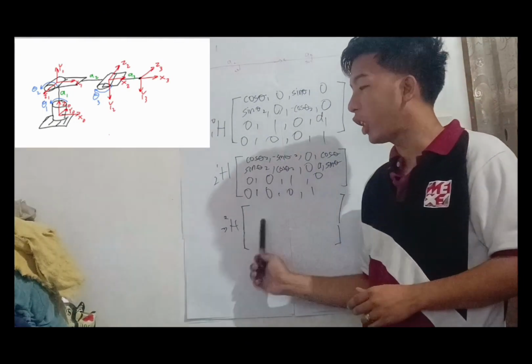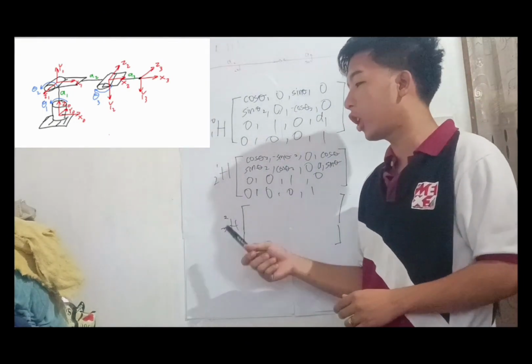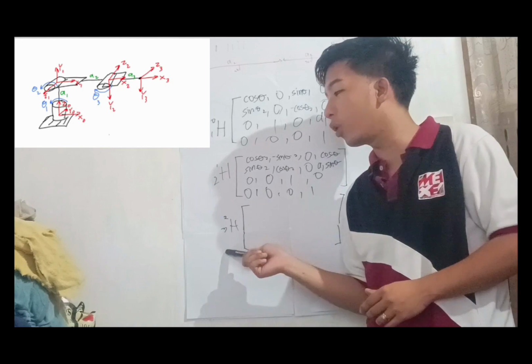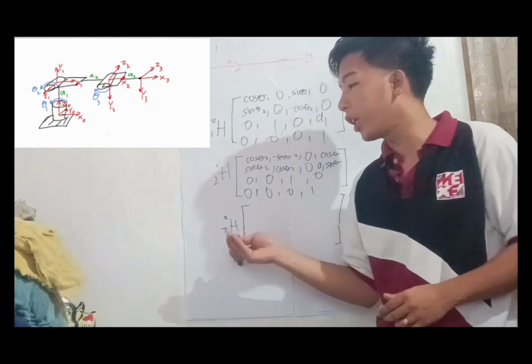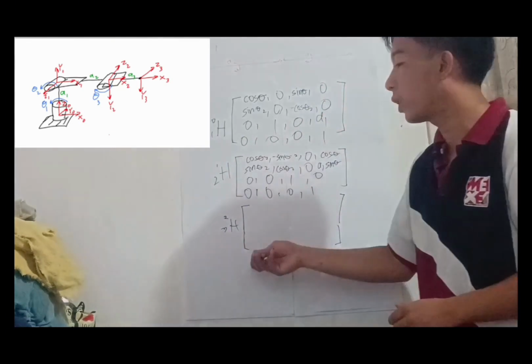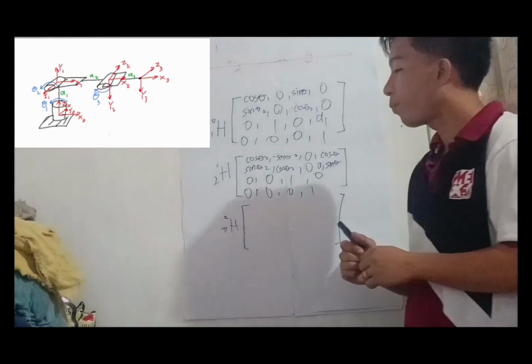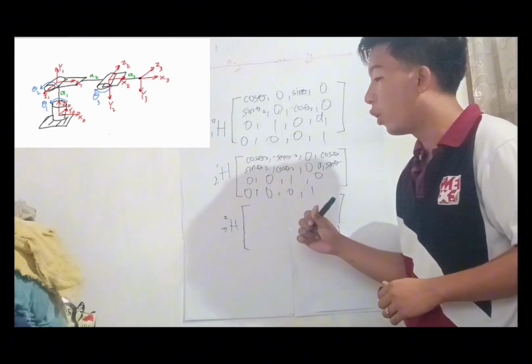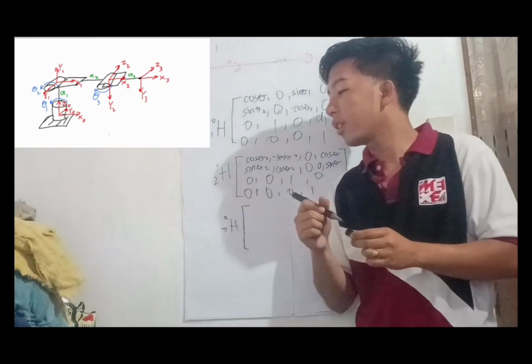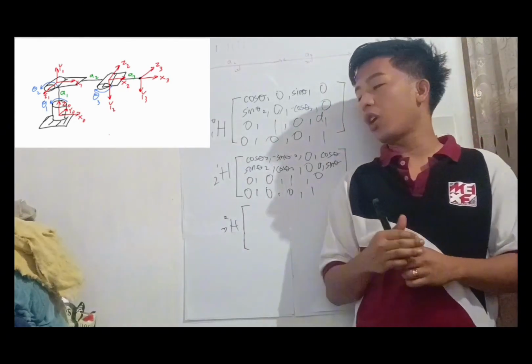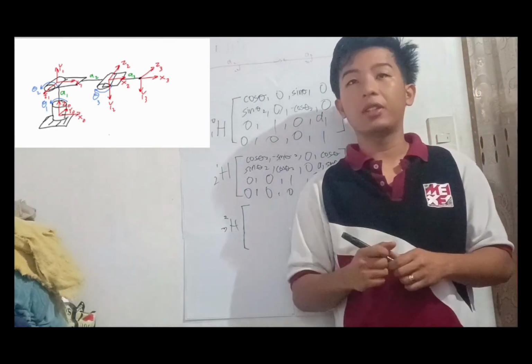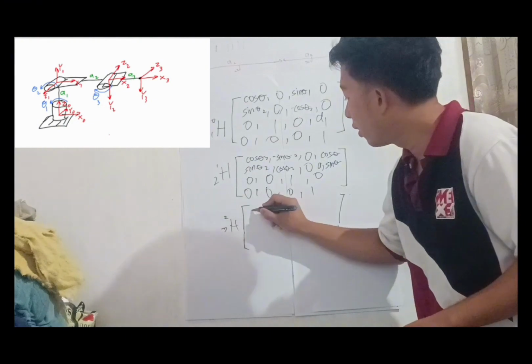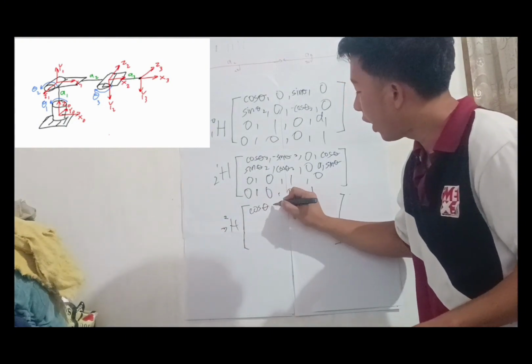Based on the DH parameter, theta is equal to 0 plus theta 2, equal to 0 degree, or R1 equal to A2. So cosine theta 2 represents the cosine of the angle. So this is the cosine theta 2.